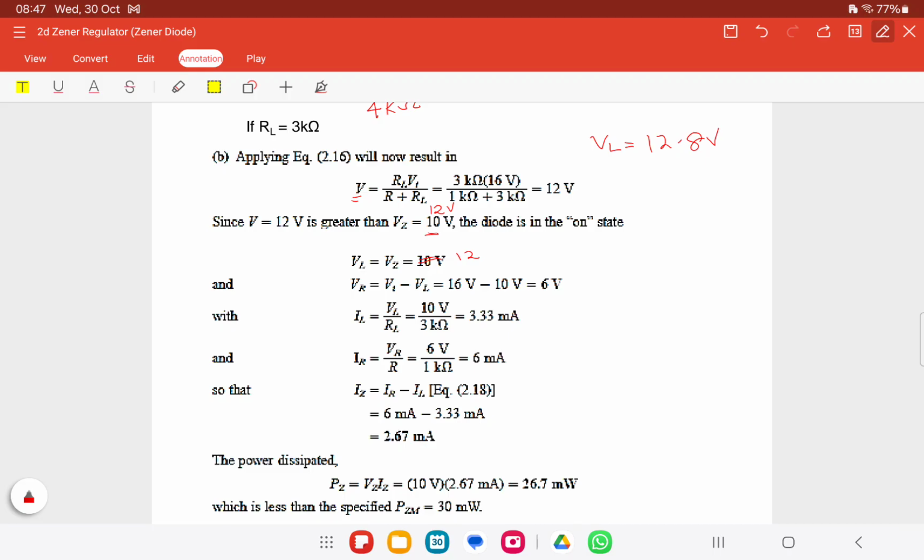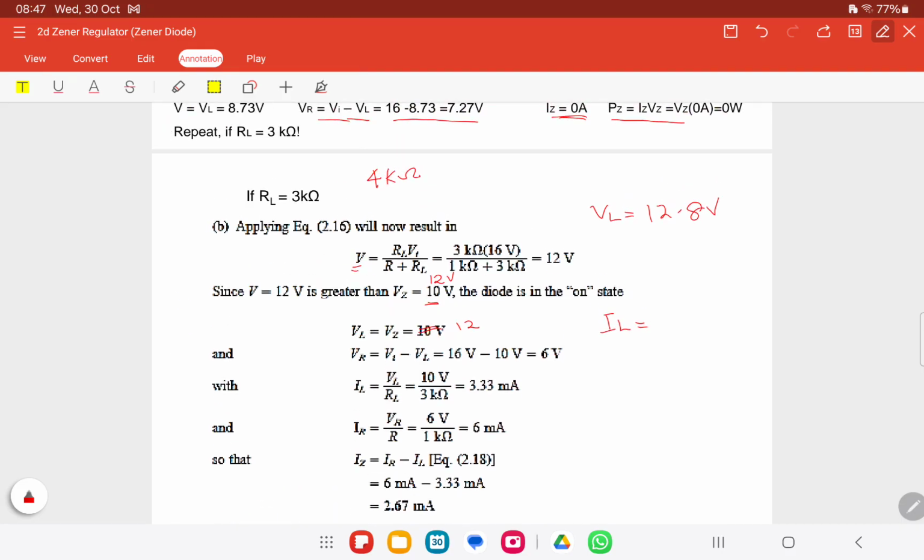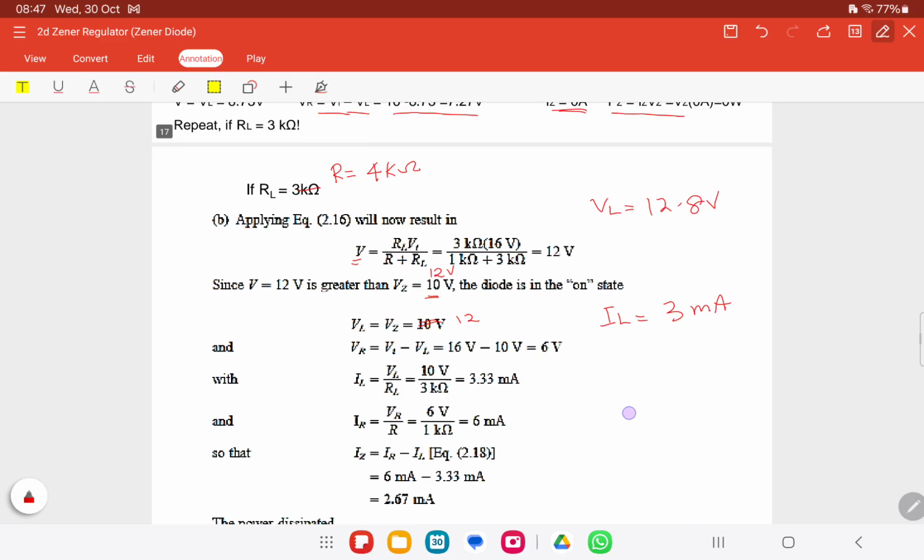Okay, now VZ is equals to VL equals to 12. So IL dia berapa? Boleh dapat IL tak? Berapa IL? Resistor RL dia equals to 4. 3 mili. Okay, so IL is 3 milliampere.